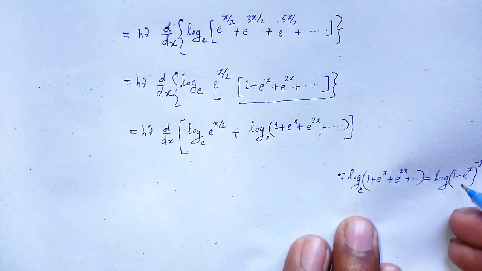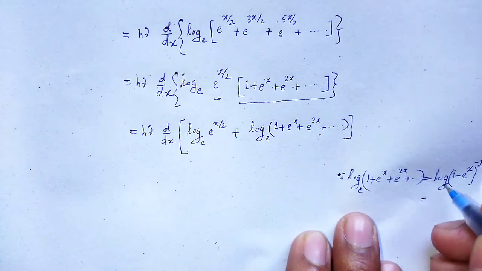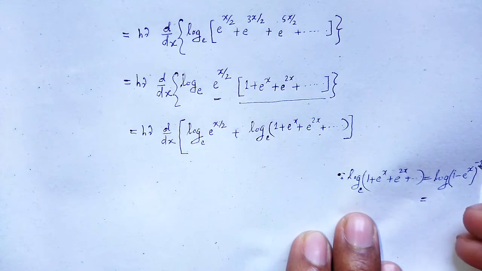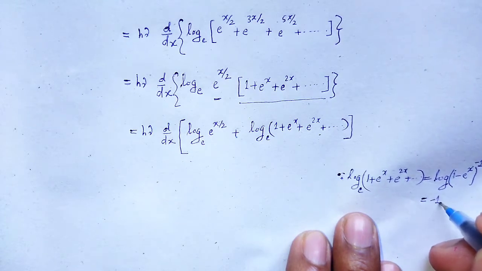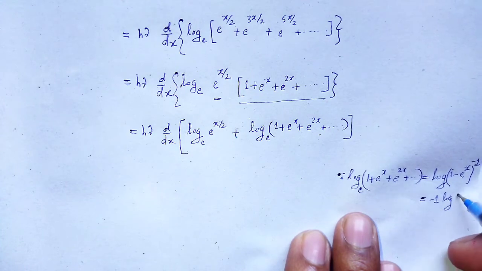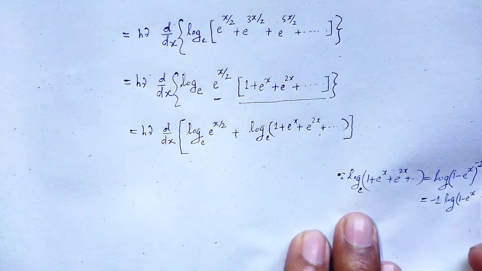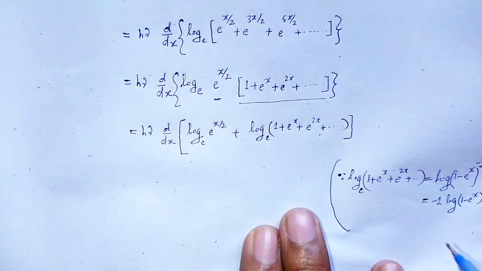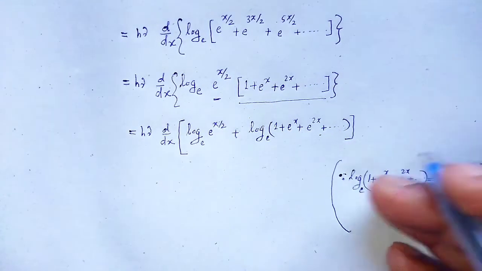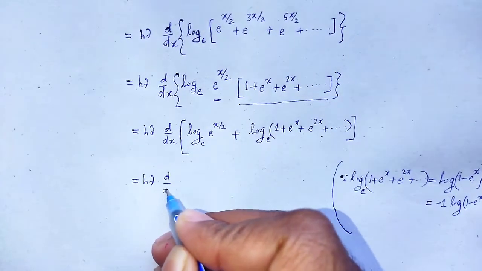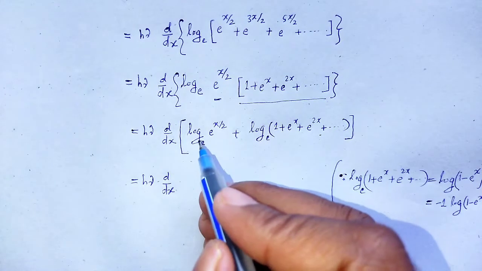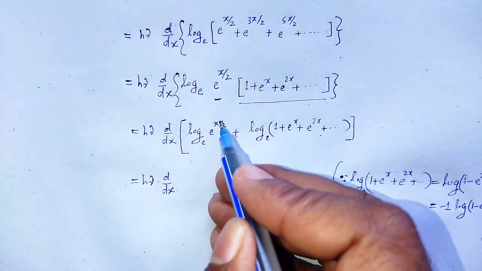So instead of that log, we use log of a to the power minus m, so that term minus m is multiplied to this: minus m log of that term. So minus 1 log of 1 minus e to the power x. That substitution is used. We have h nu d by dx of log of e to the power x by 2.